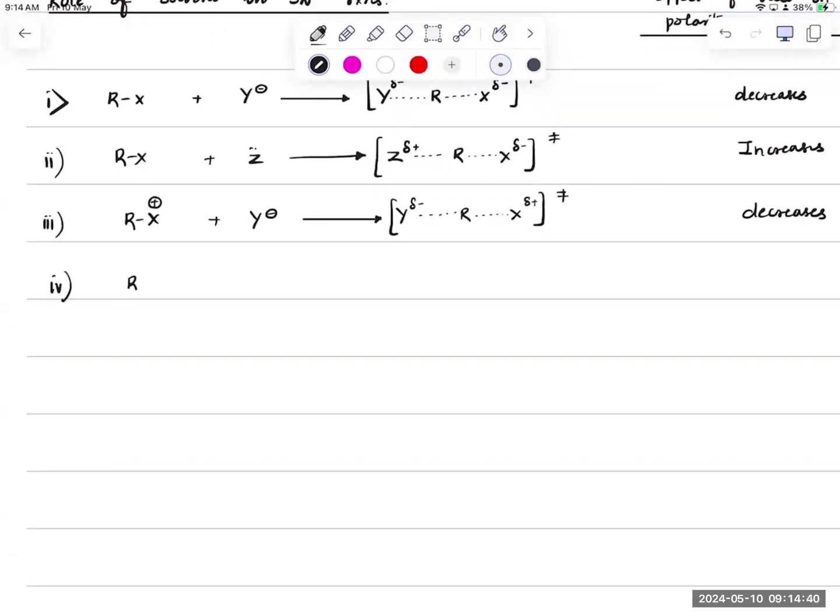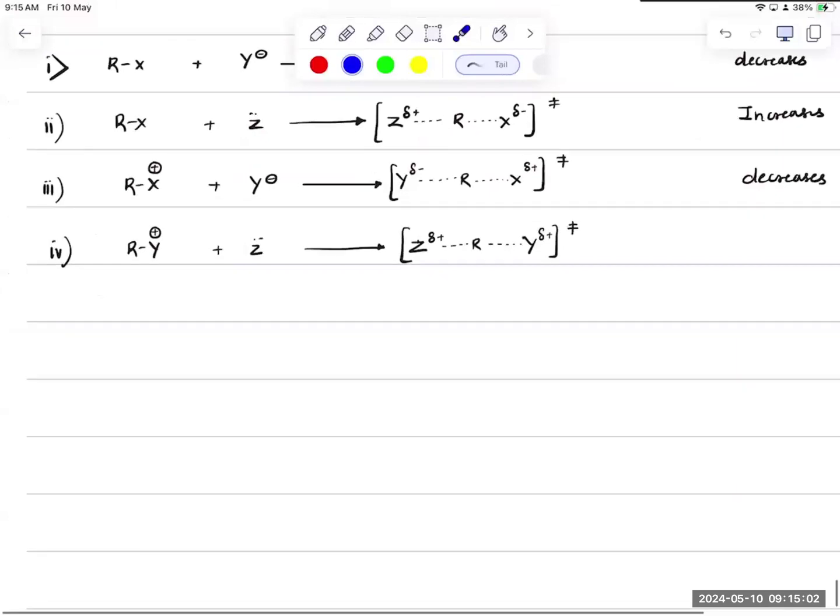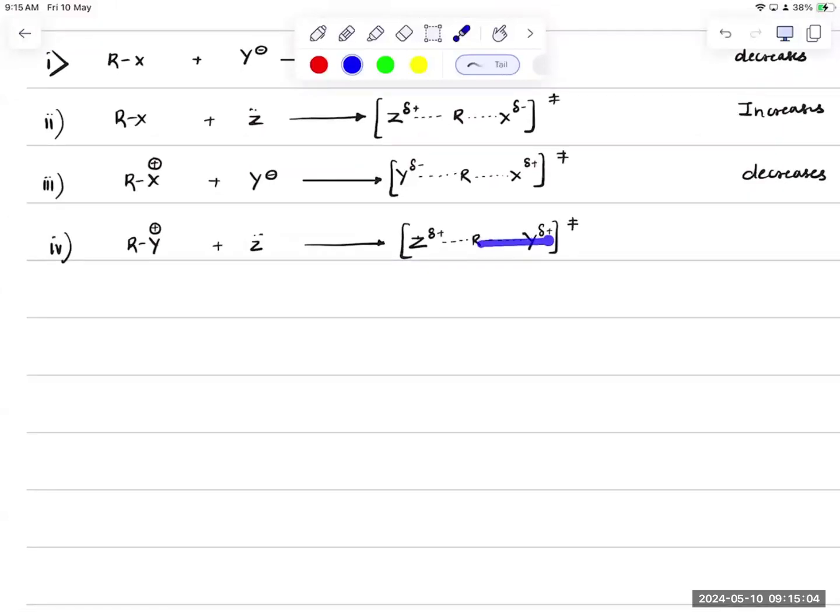Fourth one, if you have R, Y plus, and then I add a neutral nucleophile, then I'll get Z delta positive connected to R, which is connected to Y delta positive, like this. In that case, Y is leaving from here and Z is attacking from here. This is not influenced by the polarity. Now, this polarity will increase.